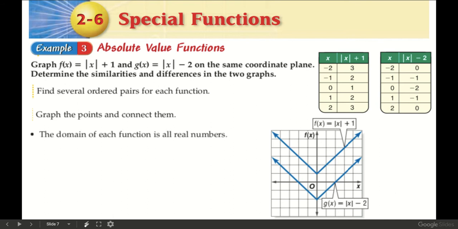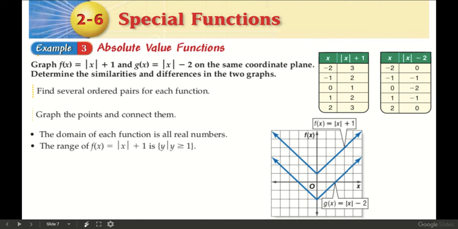The domain is still all real numbers, right? They both go to the left and to the right forever, in both the negative and positive direction. The range, right? Well, the range of this one includes all the numbers going in the positive direction, but stops at +1.